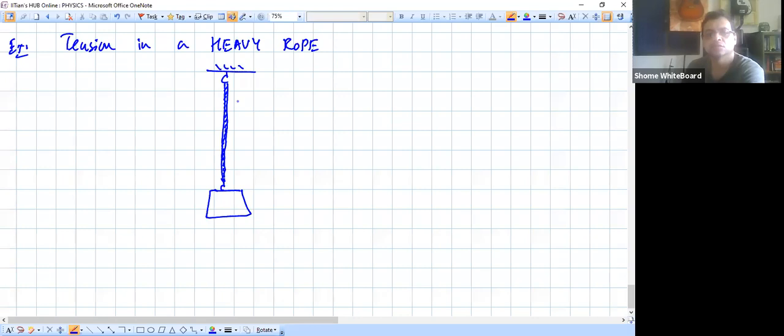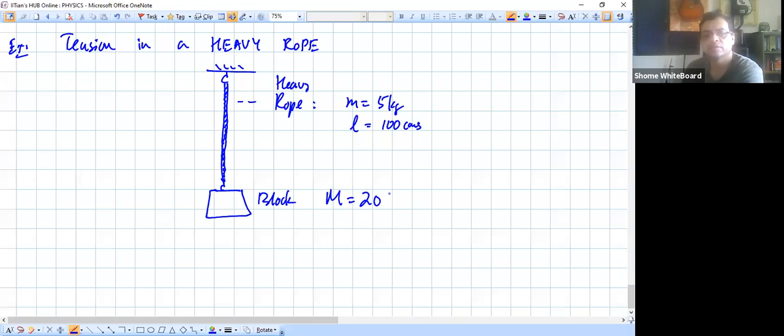So this is a rope of mass 5 kg, let's say, and length 100 centimeters, heavy rope. And this is a block of mass, let us say, 20 kg.